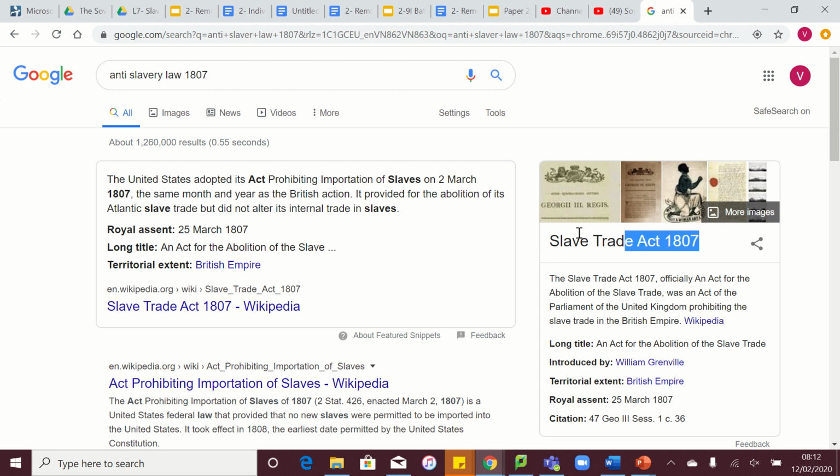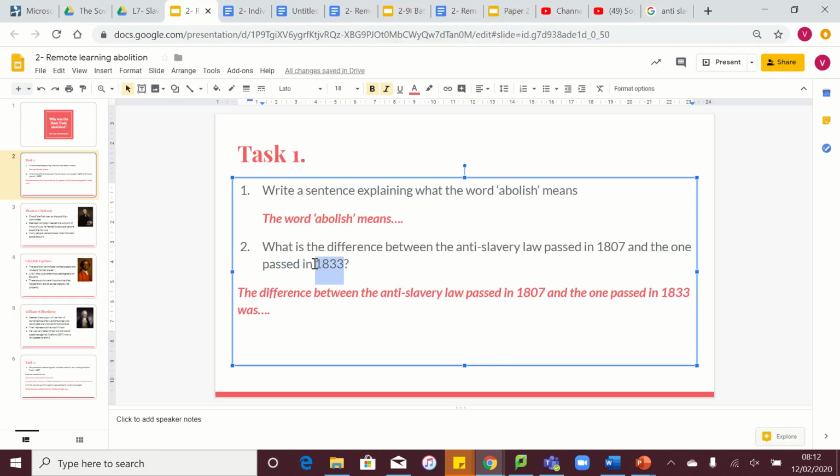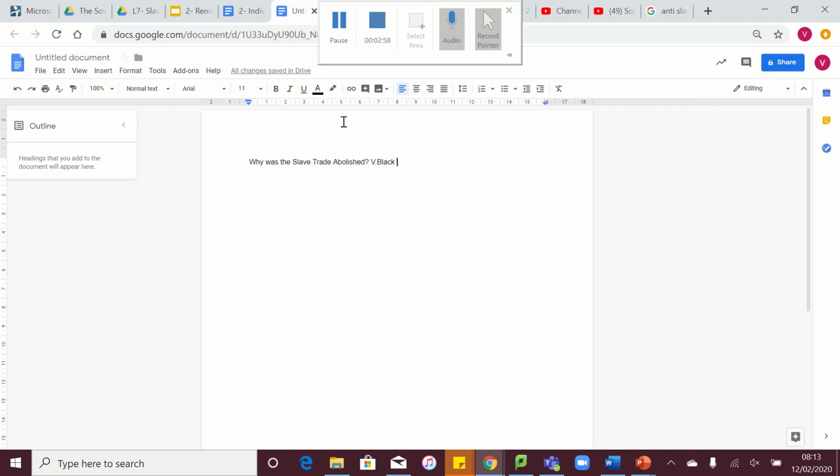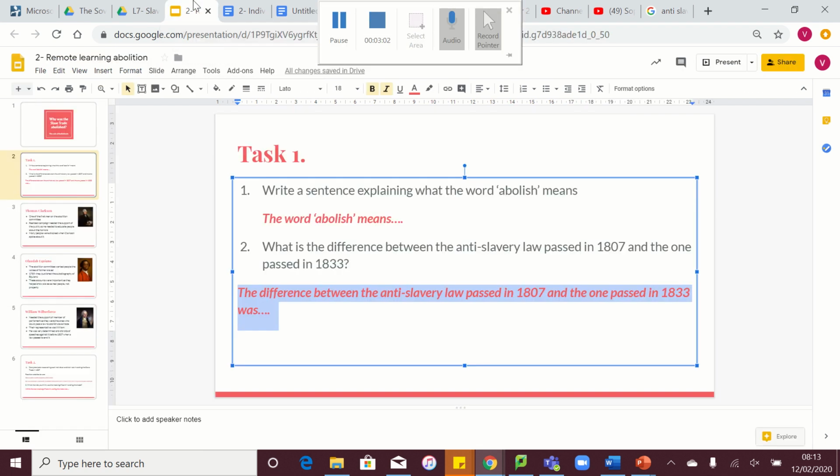There was an act, which means a law, passed in 1807 to do with slavery, and there was also one passed in 1833. So have a look at how they are different. Again, write the sentence, the difference between the anti-slavery law passed in 1807 and the one passed in 1833 was, out on your Google document and finish off the sentence.